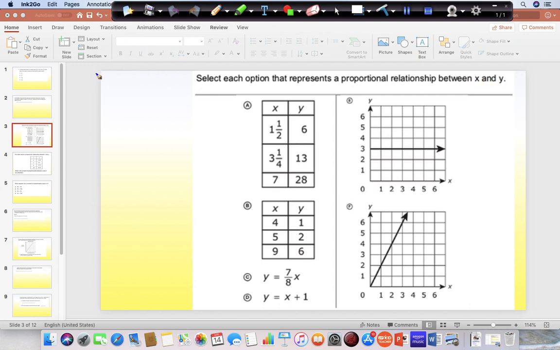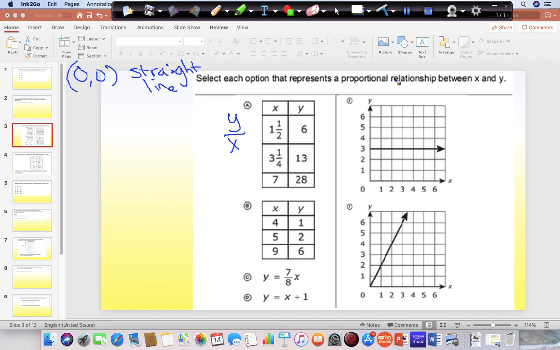Remember, a proportional relationship is a straight line that passes through 0, 0, and it does not have a y-intercept. So we need to start by dividing our y's by our x's to figure out if we have a constant of proportionality. And if we do, then that would represent a proportional relationship between x and y.